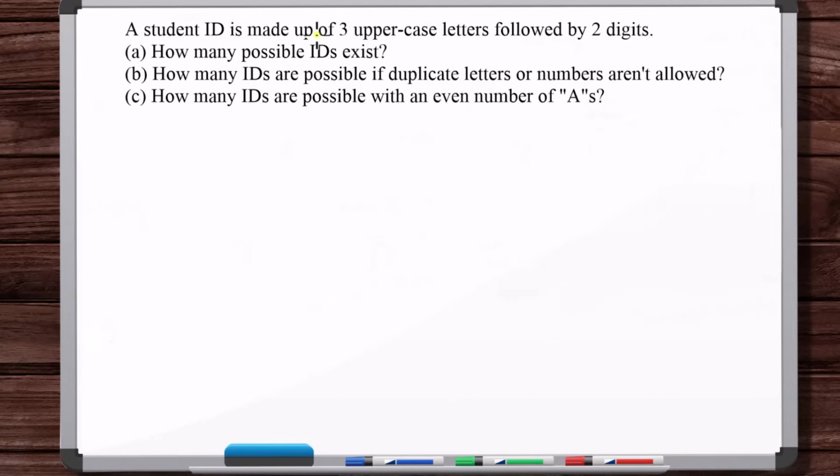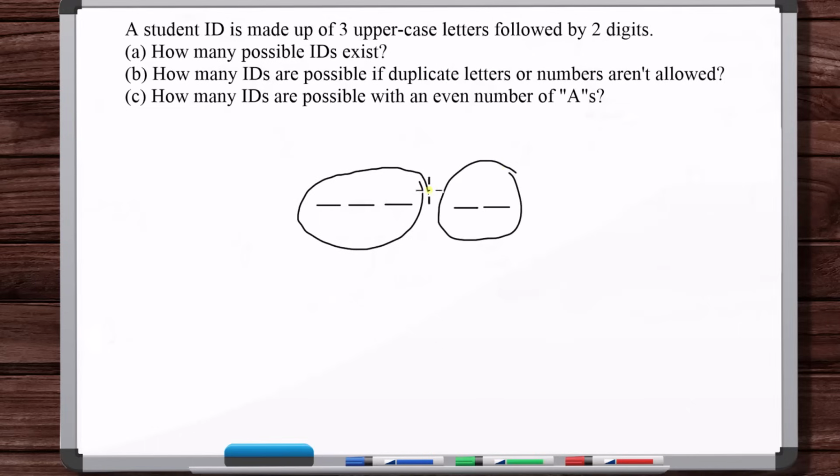A student ID is made up of 3 uppercase letters followed by 2 digits. How many possible IDs exist? So you have 3 uppercase letters and 2 digits. We're going to get one count and a second count, and we're going to apply the product rule between them.